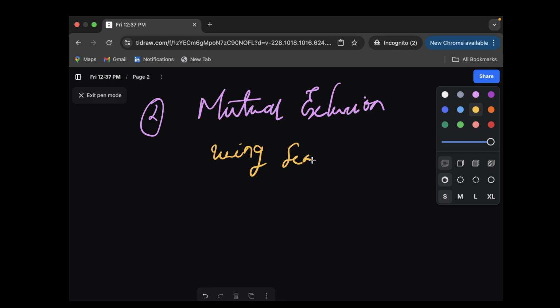Now let's understand what a semaphore is. A semaphore is a synchronization primitive that is used to control access to a shared resource, or coordinate the execution of multiple threads or processes.